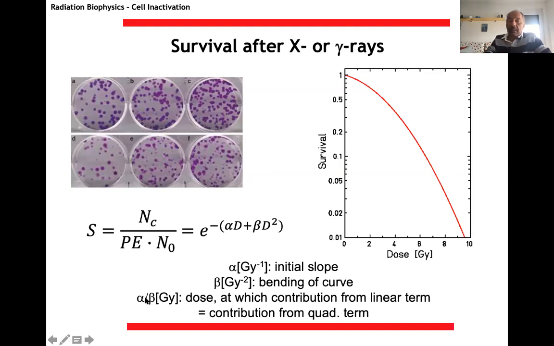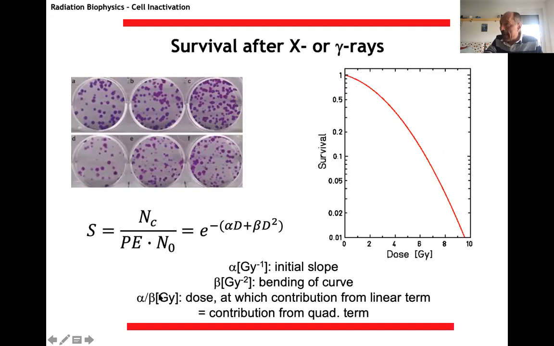The ratio alpha over beta, the dimension of this ratio is gray, is extremely important, because this is the contribution from the quadratic term, let's put it this way. So a very high alpha beta ratio means that this curve is almost straight.